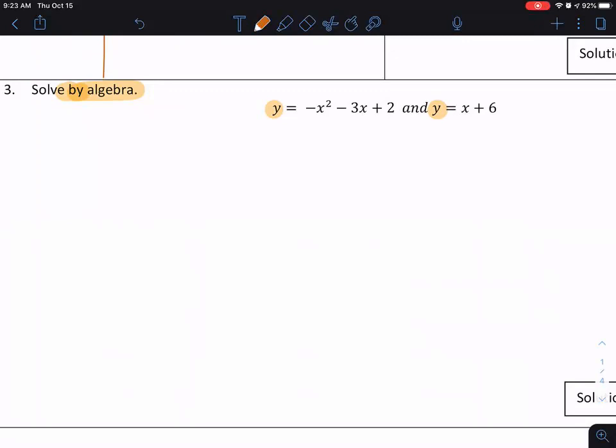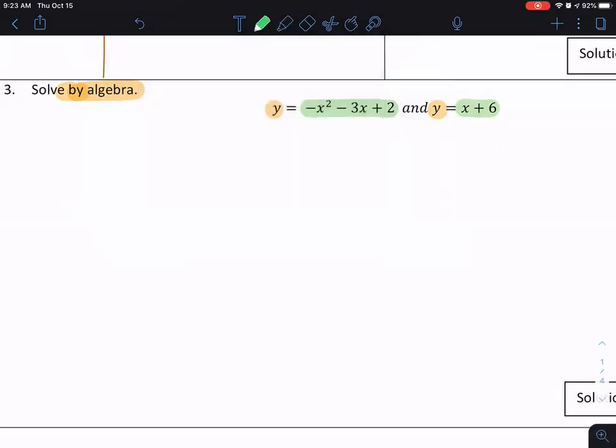Do you guys remember the transitive property? If A equals B and B equals C, then A equals C. The long story short, guys, is that this green highlight, since it equals y, it also equals this green highlight.